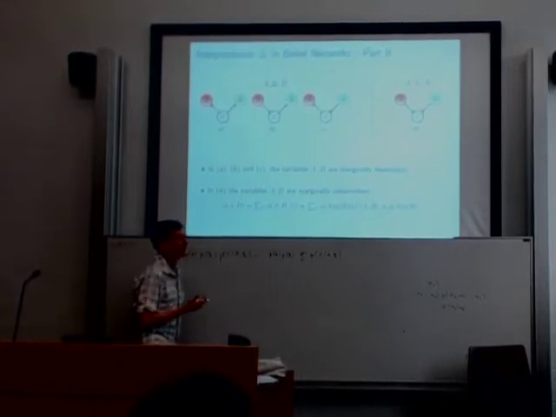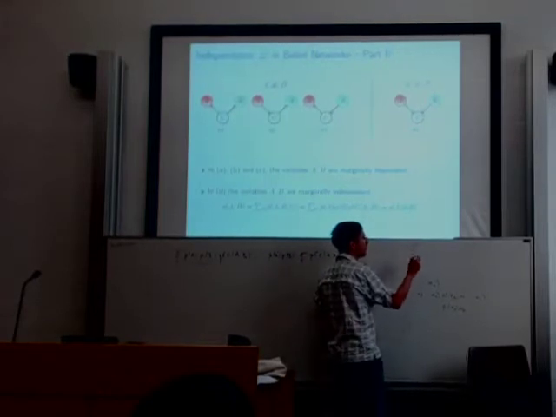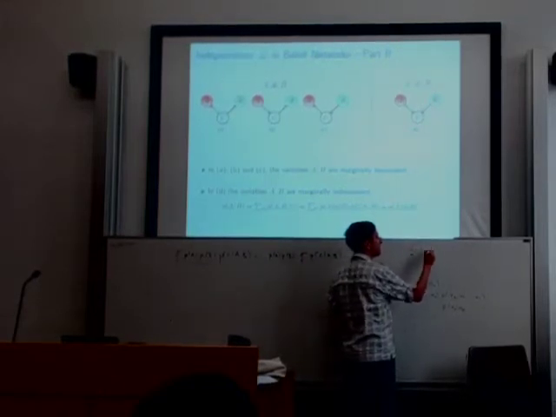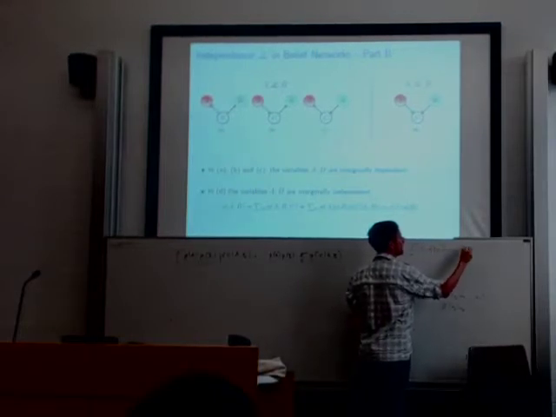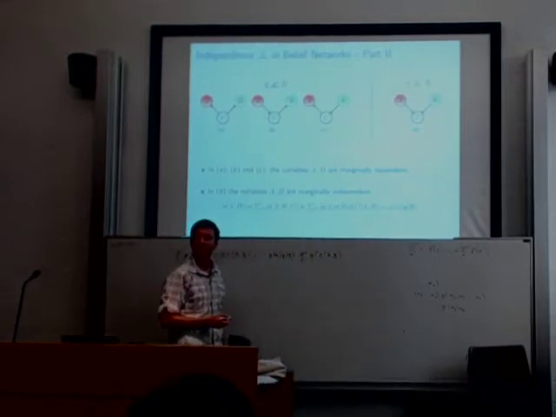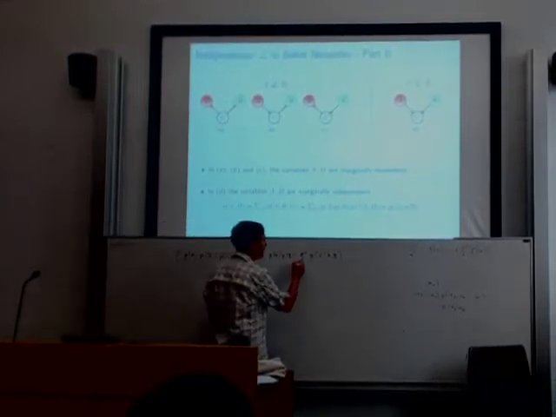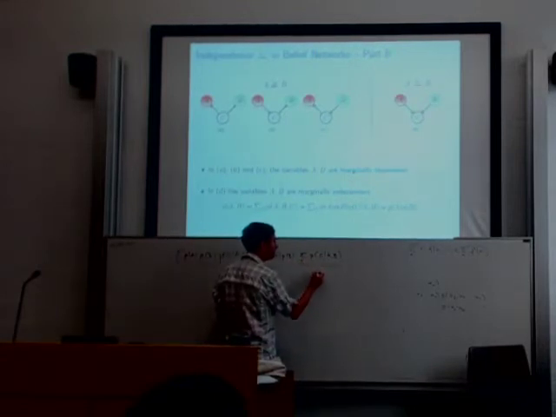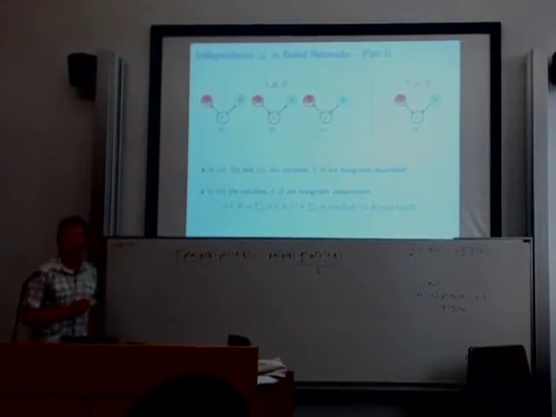It's equivalent to saying something like, well, I want to sum over some function of variable x, which is some constant times f of x. That's clearly equal to some constant times the sum over x of f of x. It's the same thing. And this is equal to 1 because it's a probability distribution.